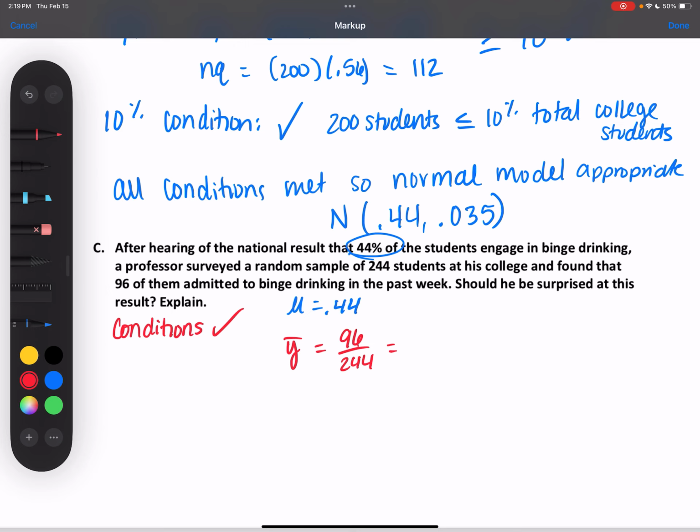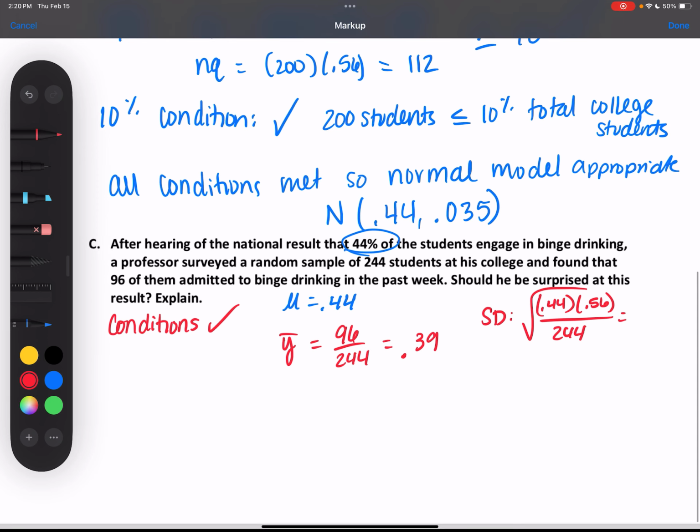So that's going to be 0.39. The standard deviation for this is going to be the square root of 0.44 times 0.56 over 244. So the n just changed for this.